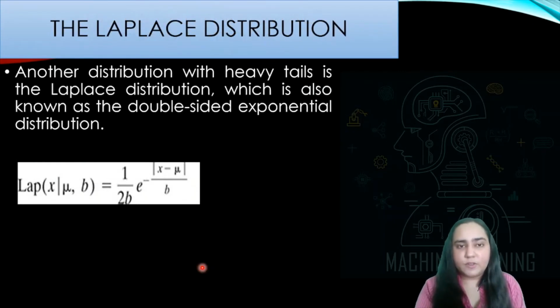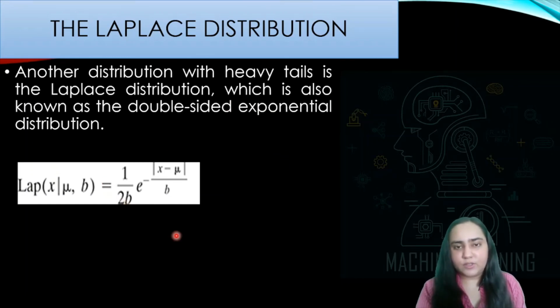The last distribution that we are going to refer to in this video is the Laplace distribution. The Laplace distribution is another distribution with heavy tails. Unlike the Gaussian or normal distribution, this distribution has very heavy tails, and it is also known as the double-sided exponential distribution.